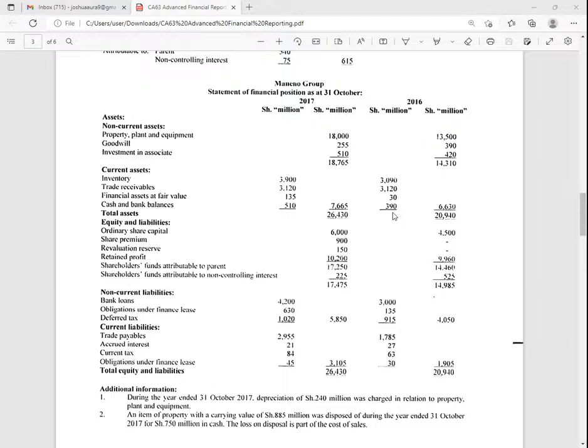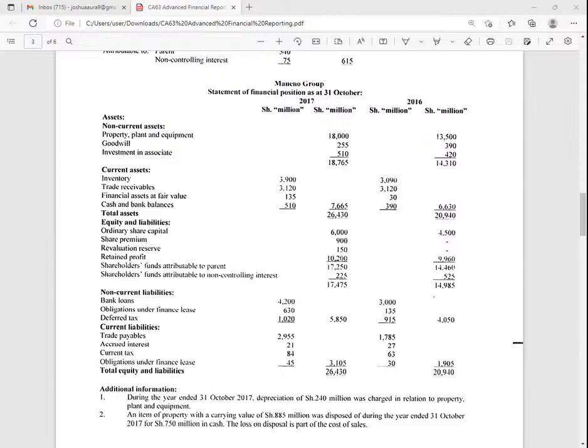If you come here to the closing position, we have financial assets at fair value, 135, plus 510. So 135 plus 510. What figure does this give us at the end of the day?